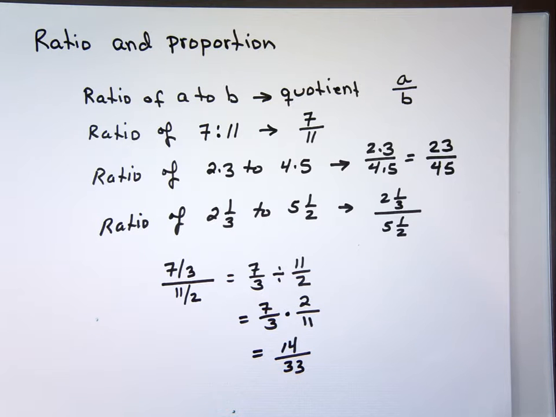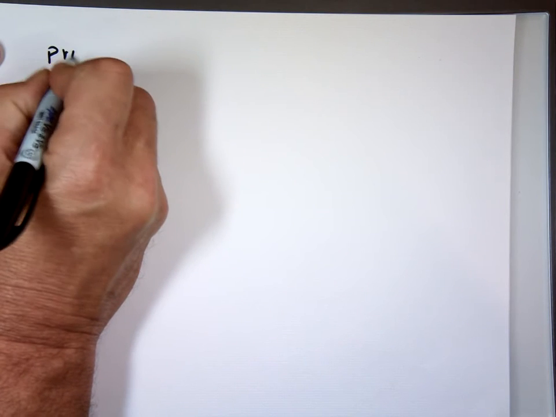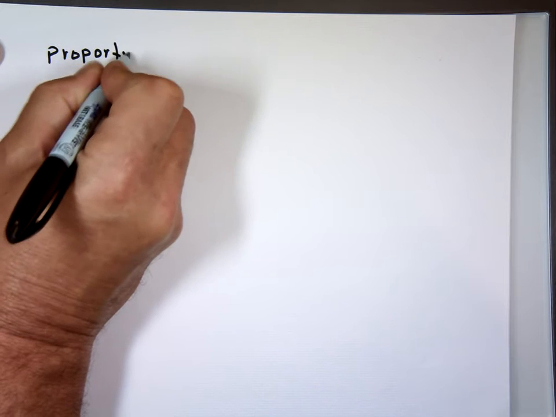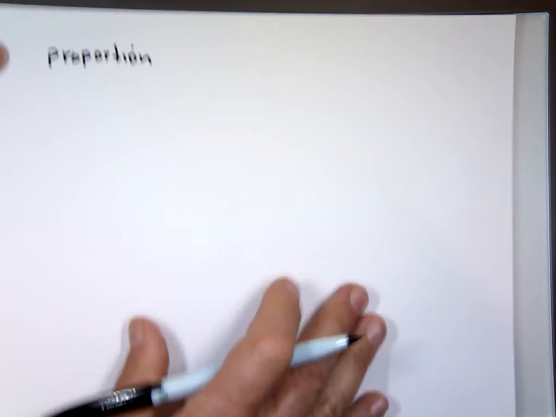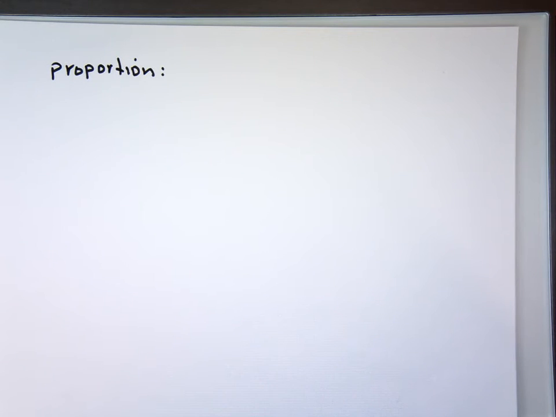Now, proportion is a little bit different. So let's look at proportion. A proportion is an equation that has two ratios in it.